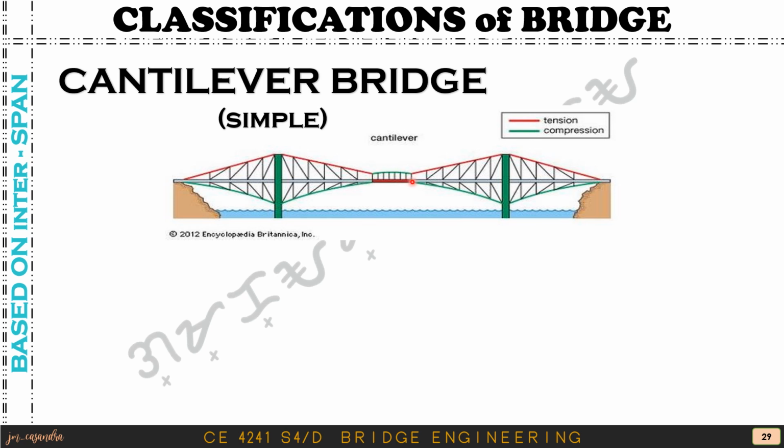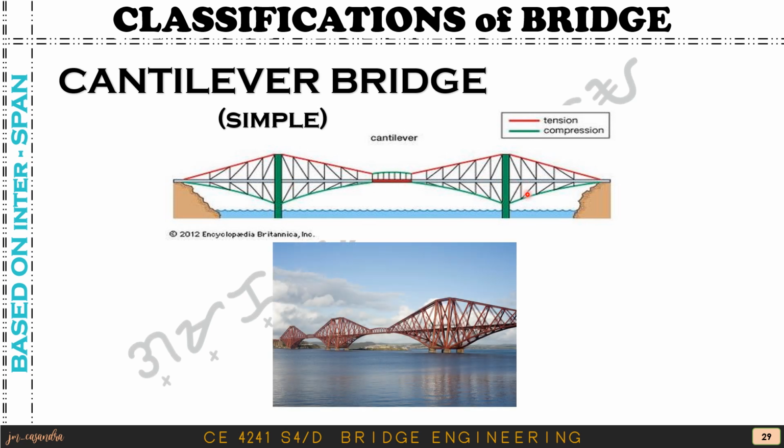This part is not a part of both cantilevers. An example of a simple cantilever bridge is this bridge. It's located on the east of Scotland and west of central Edinburgh. This is the Forth Bridge, which is a cantilever railway bridge.